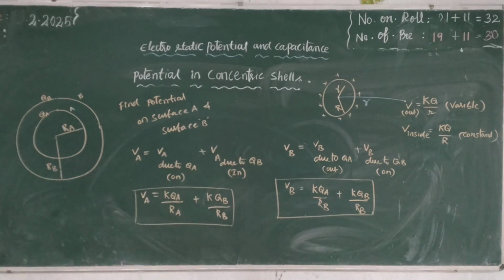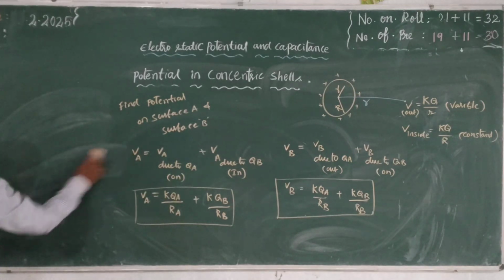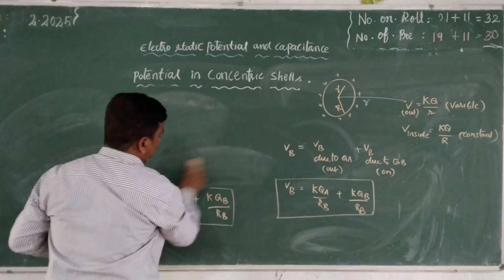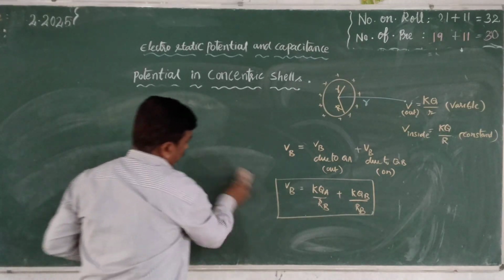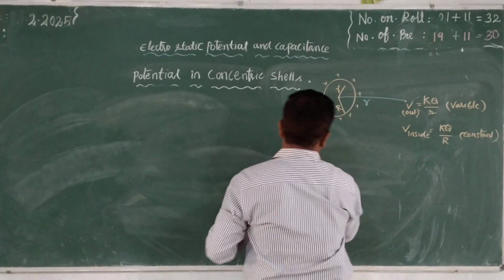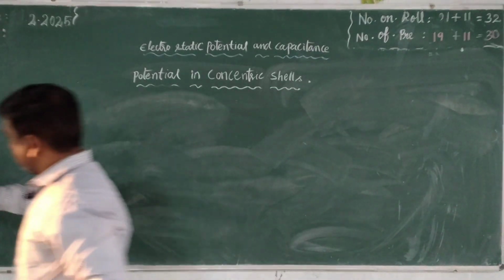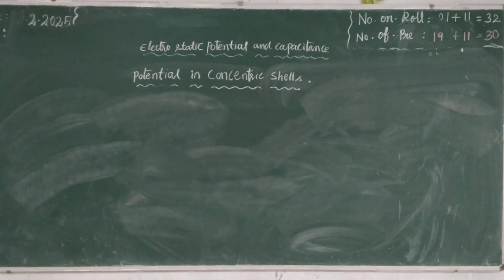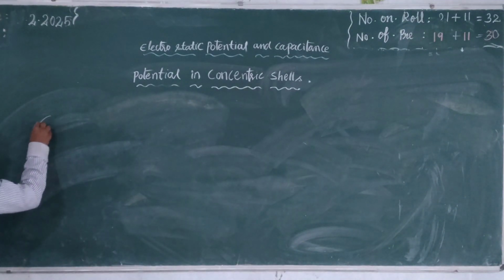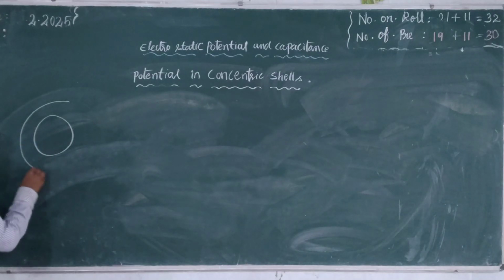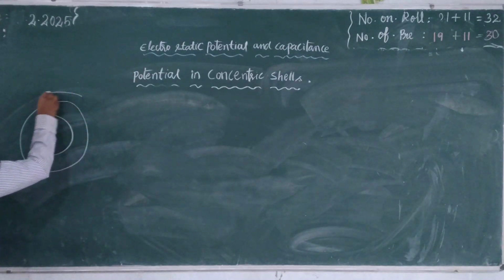Next, find the potential on surface B and surface C. They give three concentric spheres. Here is the first sphere, the second one, and the third one.